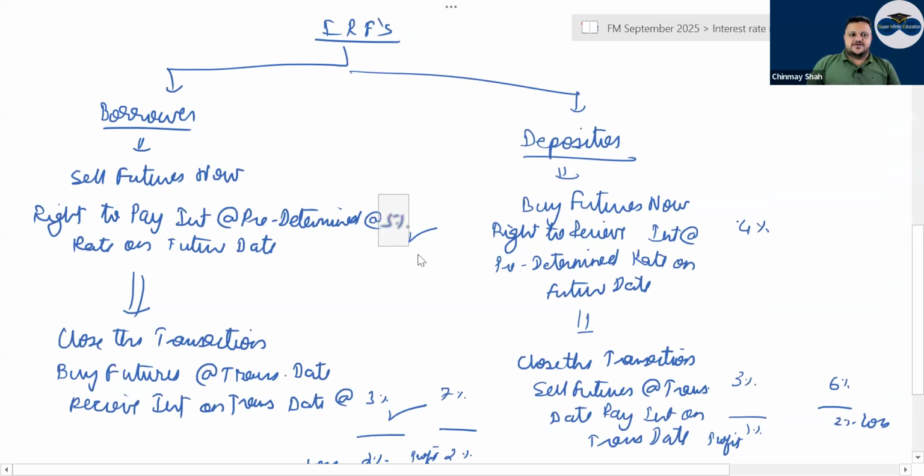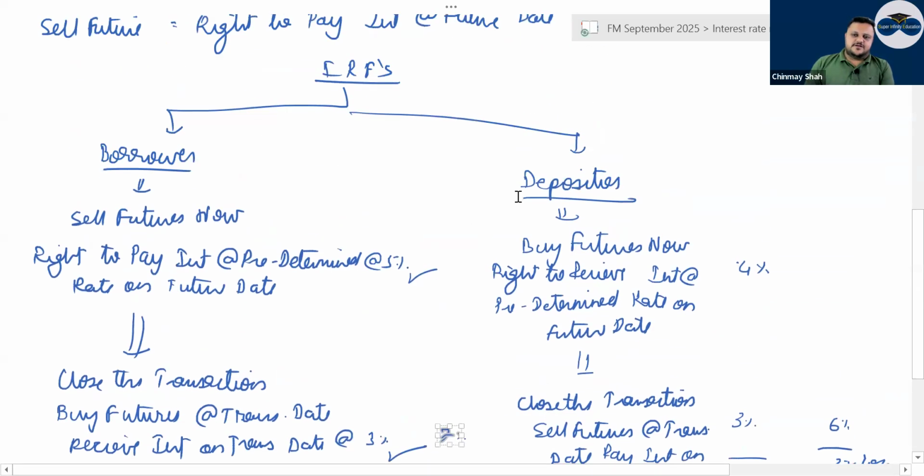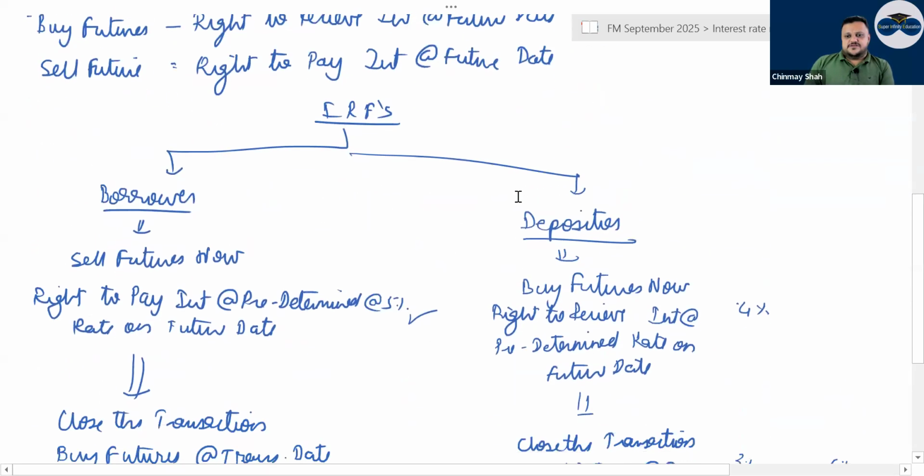So if 5% is the promise to pay interest and closing at 3%, receiving 3%, then there is a loss. But if 5% is the pay promise and 7% is the receive promise during closing, you will save 2%, a profit, correct or not?